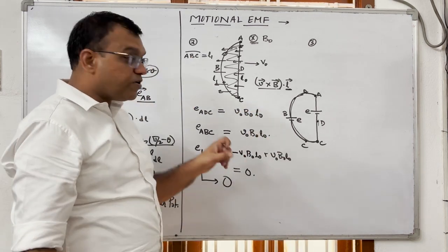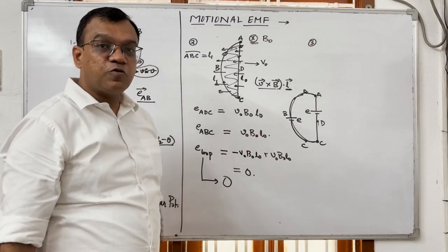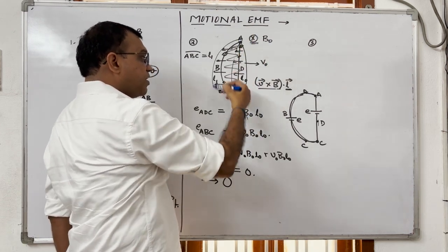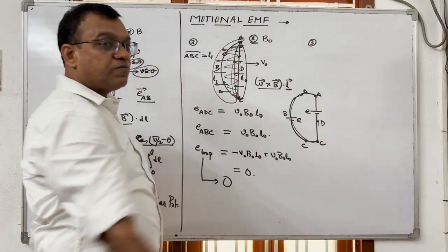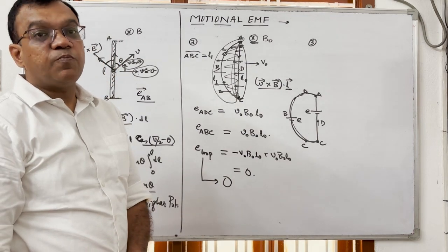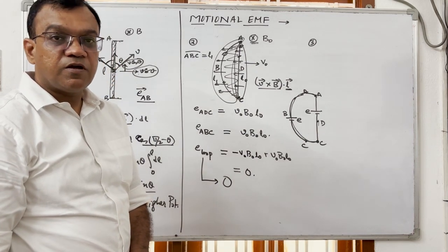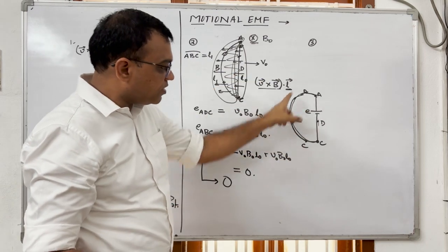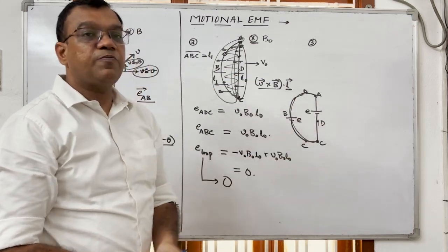And since EMF induced in the loop is 0, the EMF induced across ADC and across ABC must be equal and opposite, so that the vector sum, means KVL, if you apply, will become 0.